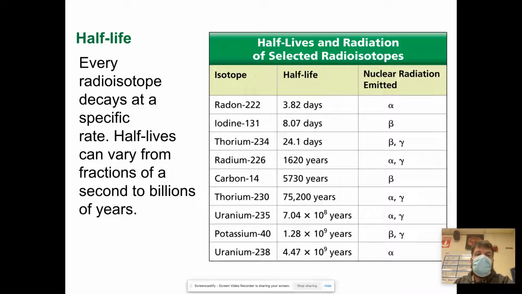So every radioisotope decays at a specific rate. Half-lives can vary from fractions of a second to billions of years. So these are the different things that are emitted: alpha particle, beta particle, gamma ray. And we talked about this yesterday, but I don't know if you guys figured this out exactly.